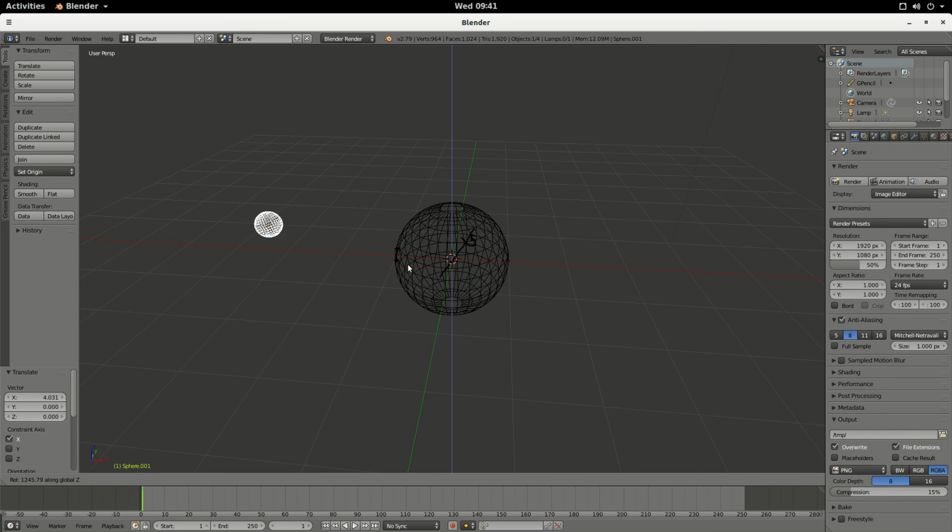So as it's going around the sun, it's also rotating around itself. And this is where you need to understand that in order for this to happen, it needs to get translated first and then rotated. If you rotate something first and then translate, it's a different effect.